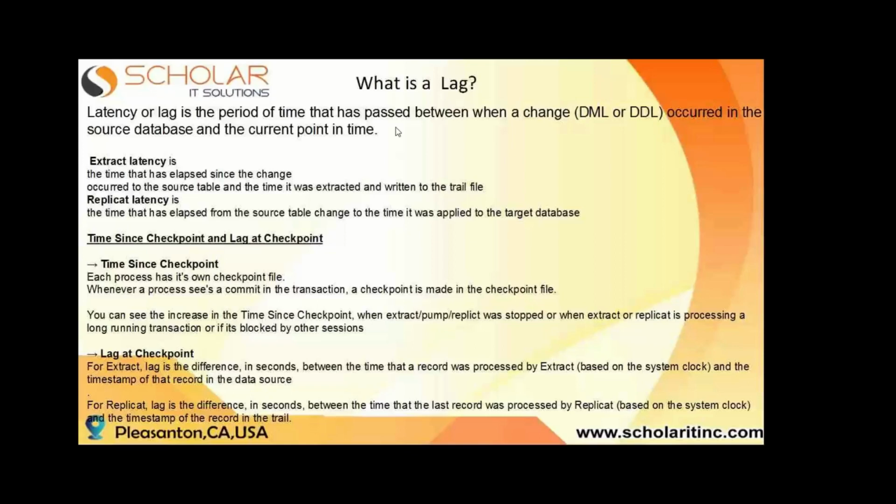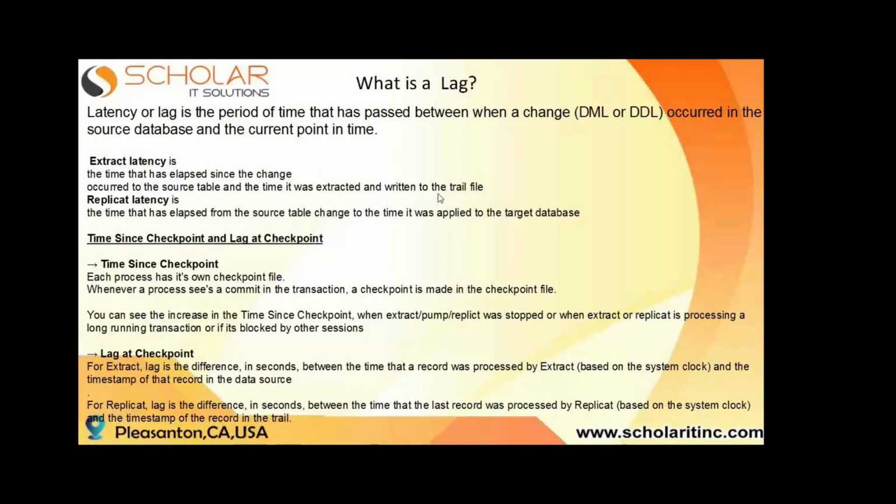Now let's see what it means for the extract. Extract lag is the time that has elapsed since the change occurred in the source and the time it was extracted and written into the trail file. So basically, how much time did extract take to write the transaction into the trail file.